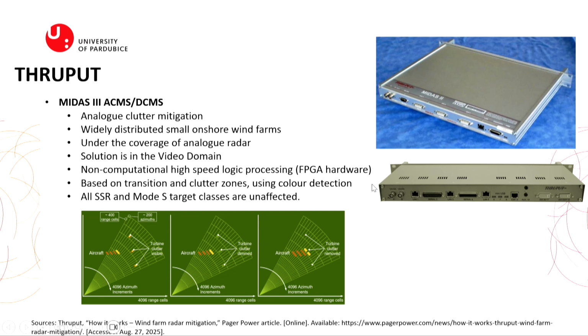I don't know details. But these are devices which you connect between the radar and visualization, make probably some settings, and this clutter from the wind turbine is removed. So it is not a bad solution because you don't need a new radar, but I don't know how it works in principle.